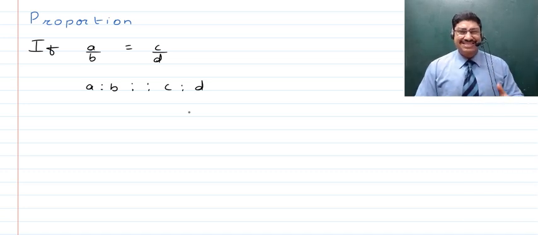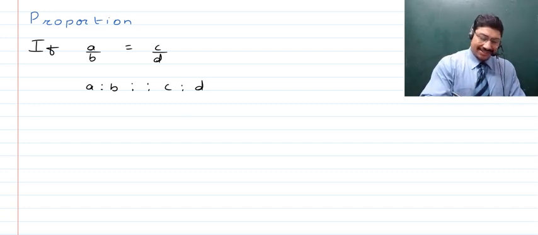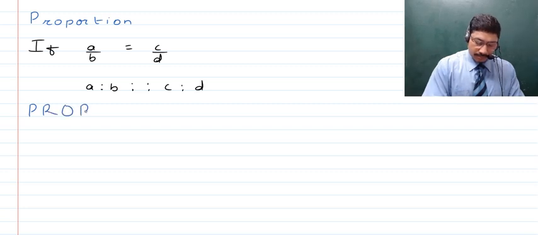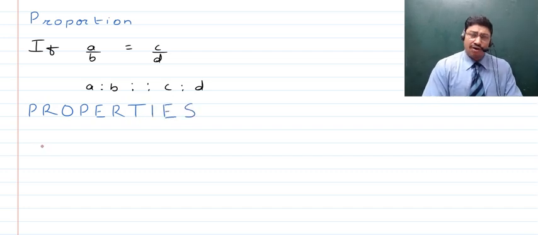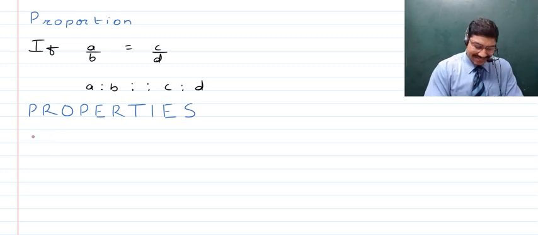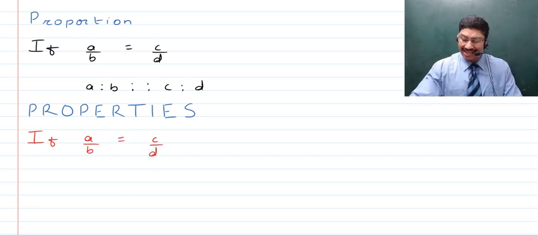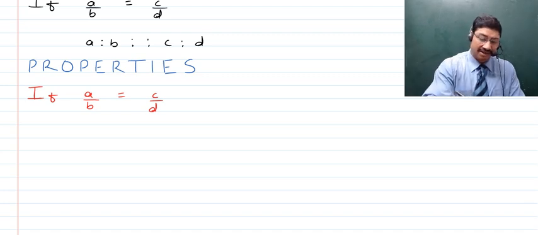Now, after this, we have certain properties of the proportion. So now next, discussing the properties. Now, children, remember, for all the properties to exist, you should already be having A upon B to be equal to C upon D. And if that is the case, there are certain properties that we'll be discussing.